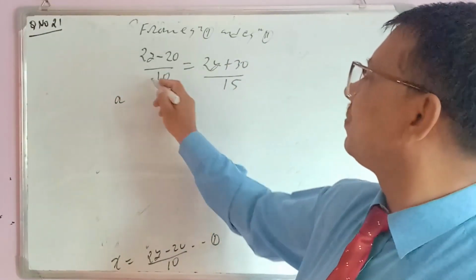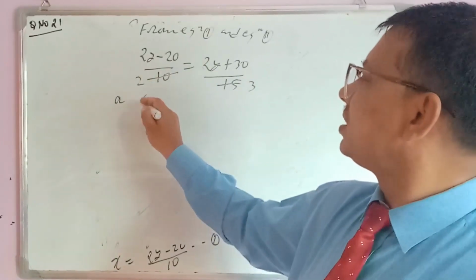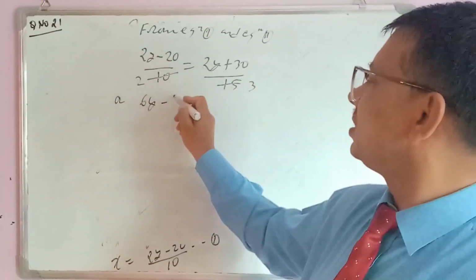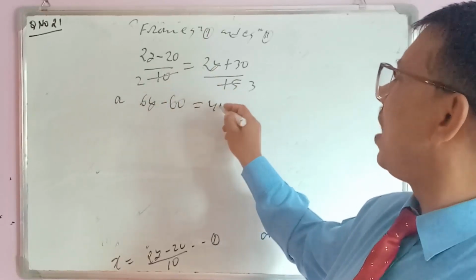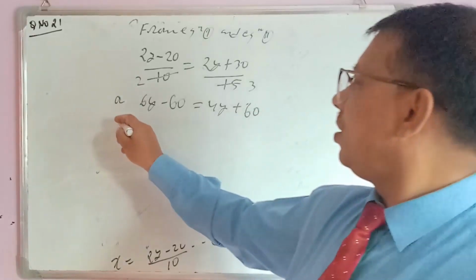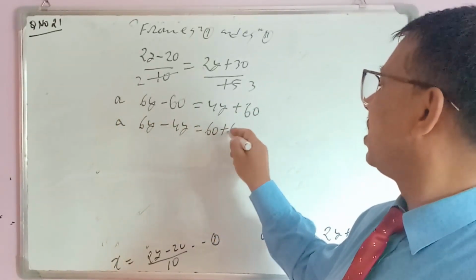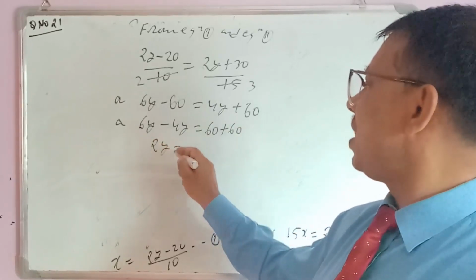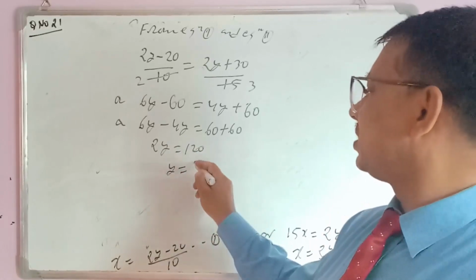Cross multiplying, 3 times 2y is 6y minus 3 times 20 is 60, equal to 2 times 2y is 4y plus 2 times 30 is 60. So 6y minus 4y equals 60 plus 60, 2y equals 120, y equals 120 divided by 2, that is 60.